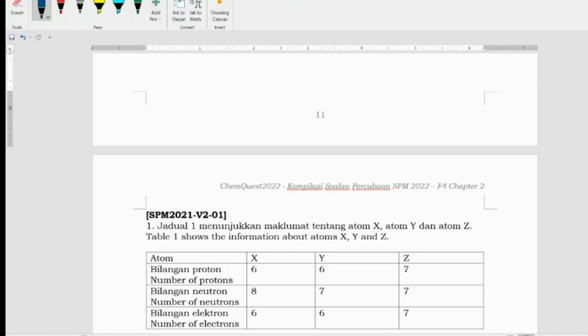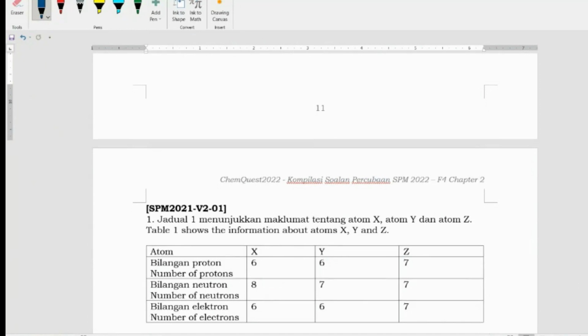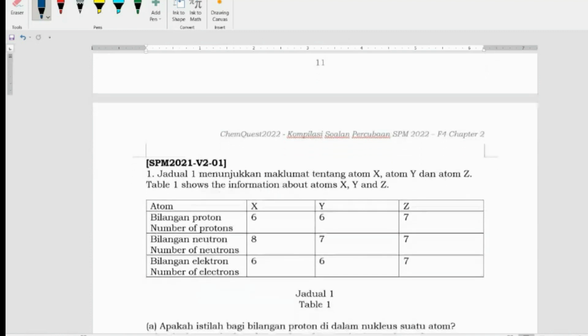Table 1 shows the information of atom X, Y, and Z. Okay, so what information is given? They show us the number of protons, number of neutrons, and number of electrons for X, Y, and Z. Okay, X, Y, Z.